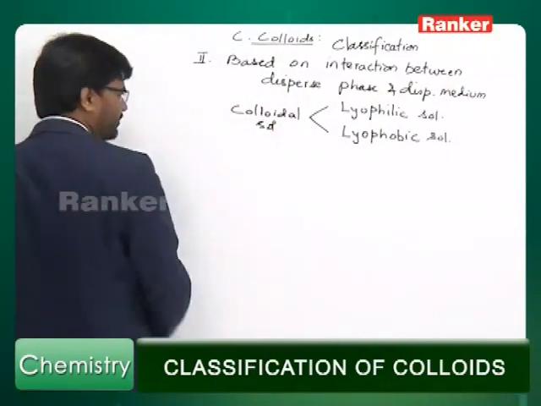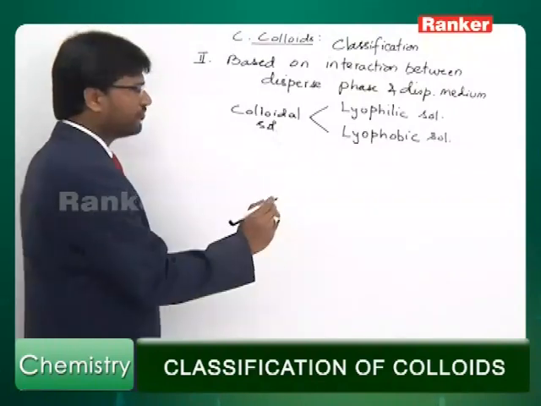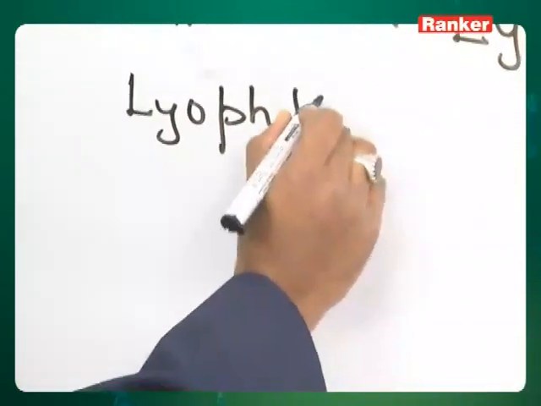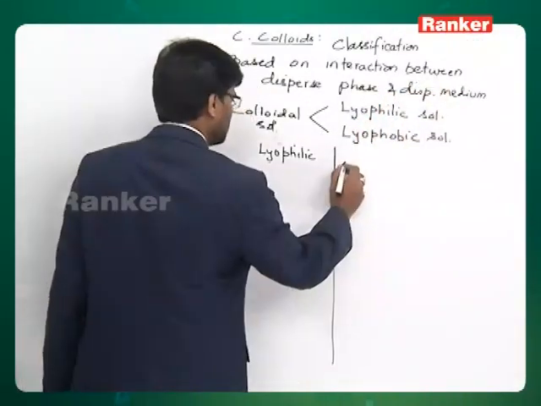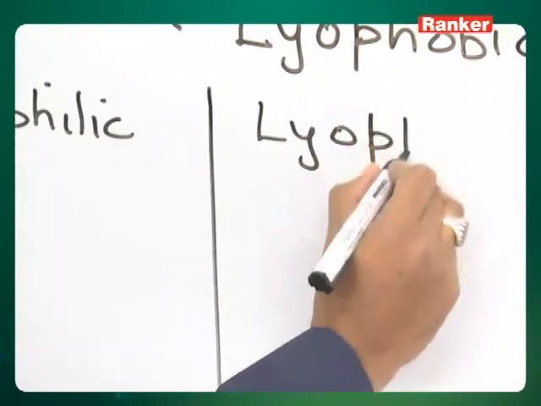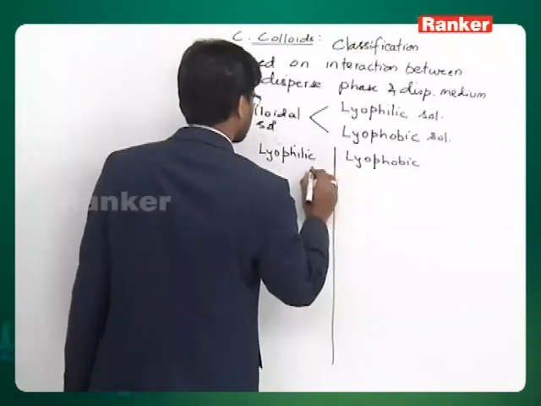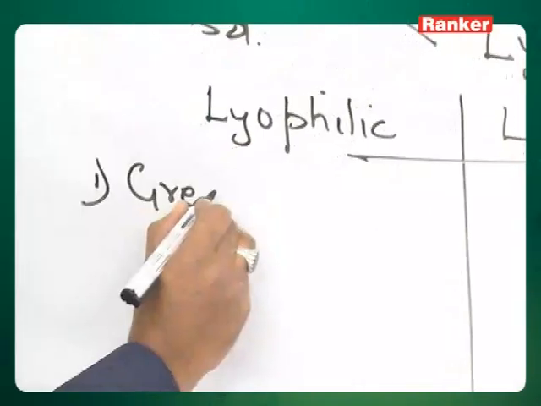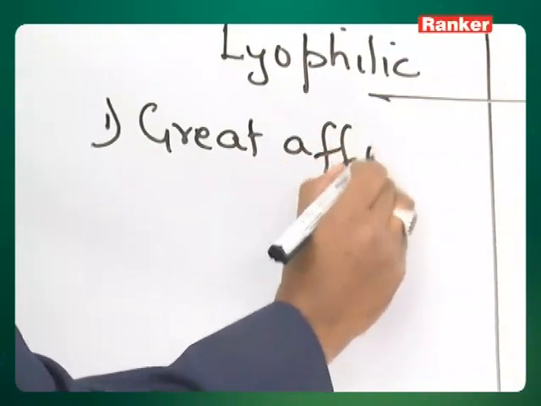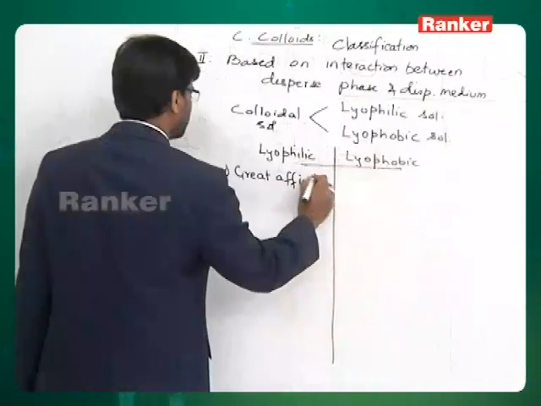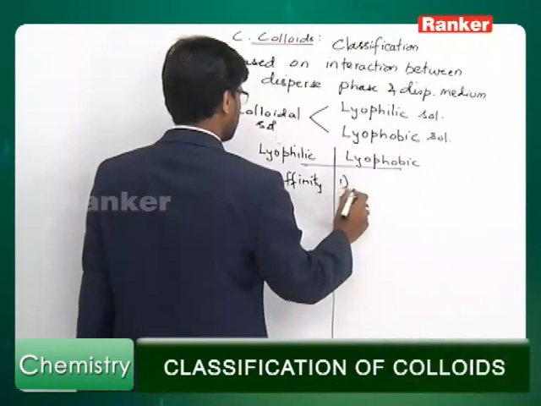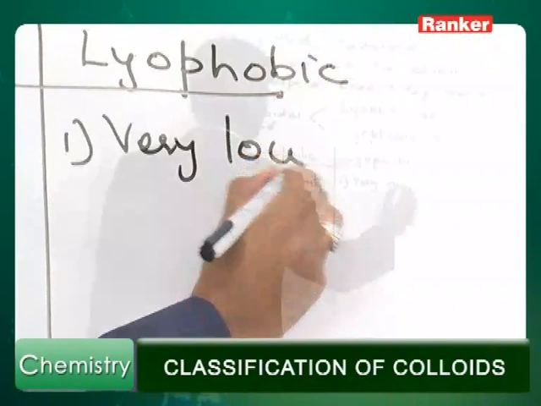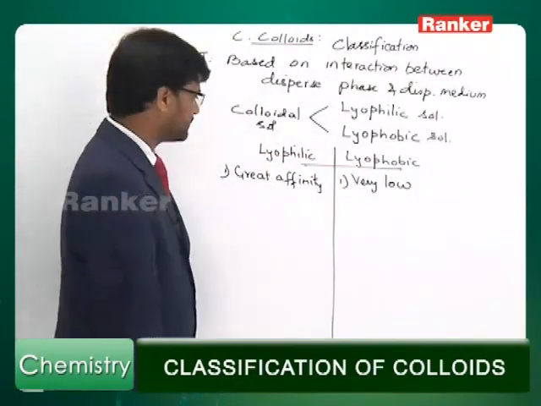Let's discuss some points of differences between lyophilic and lyophobic colloidal solutions. Lyophilic: great affinity exists between disperse phase and dispersion medium. Lyophobic: very low affinity exists between disperse phase and dispersion medium.